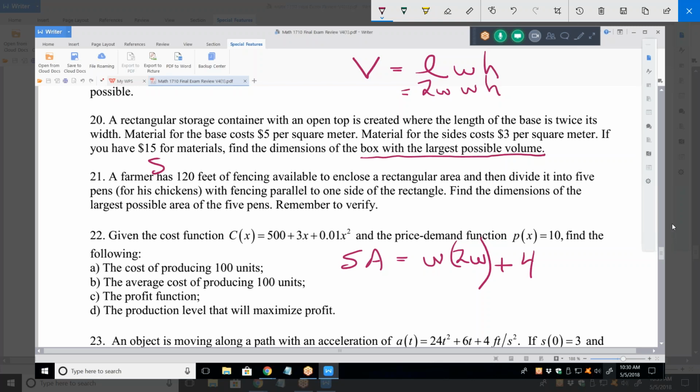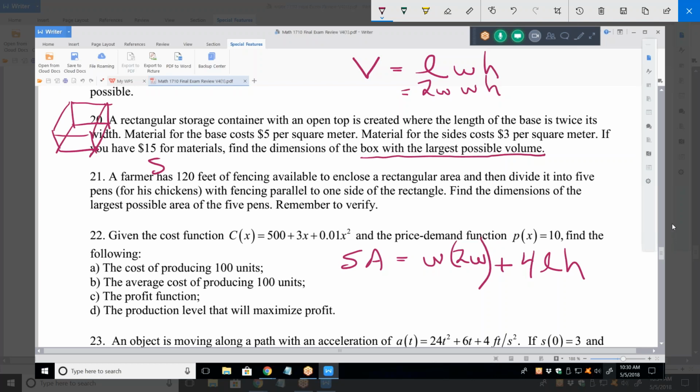Every side of the box has a surface area of length times height, right? Or would you have to do it 2 length times height plus 2 width times height? You might be right there. I didn't quite figure out this.